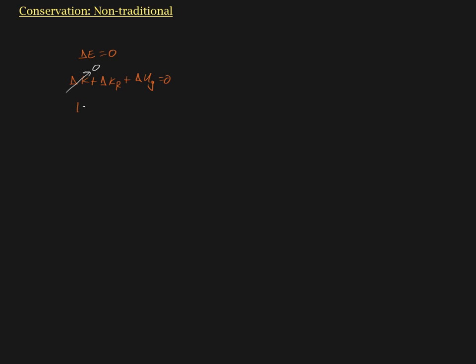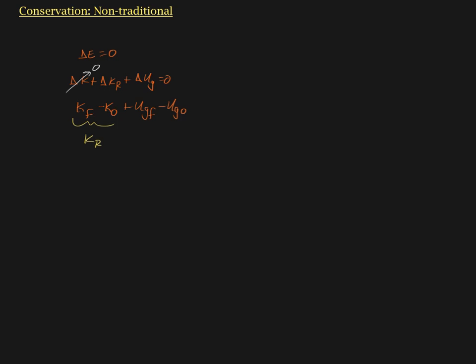So I'm going to have K final minus K initial plus UG final minus UG initial. And just remember that this is K rotational. I'm just not putting the extra subscript in there.